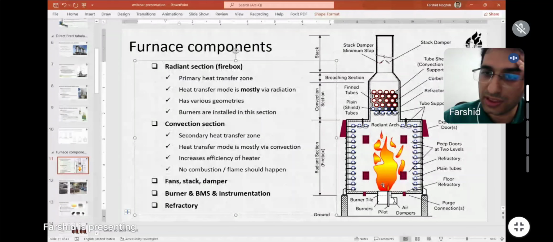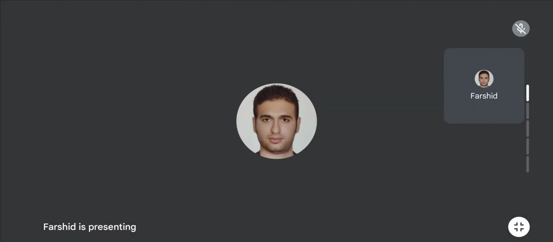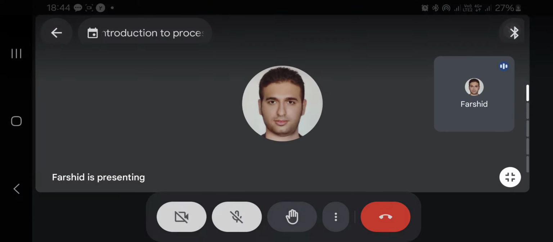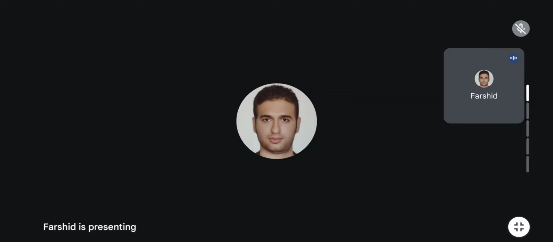It is very hot, and when it comes here, it radiates its heat to the tubes, and the tube transfers it to the process fluid. So the first mode of heat transfer is radiation from flue gas to the tube.